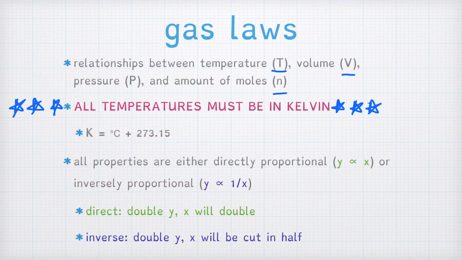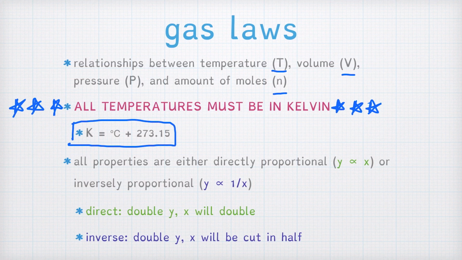If you do not put them in Kelvin, you will get the wrong answer. Just to remind you, you find Kelvin by taking your temperature in degrees Celsius and adding 273.15.